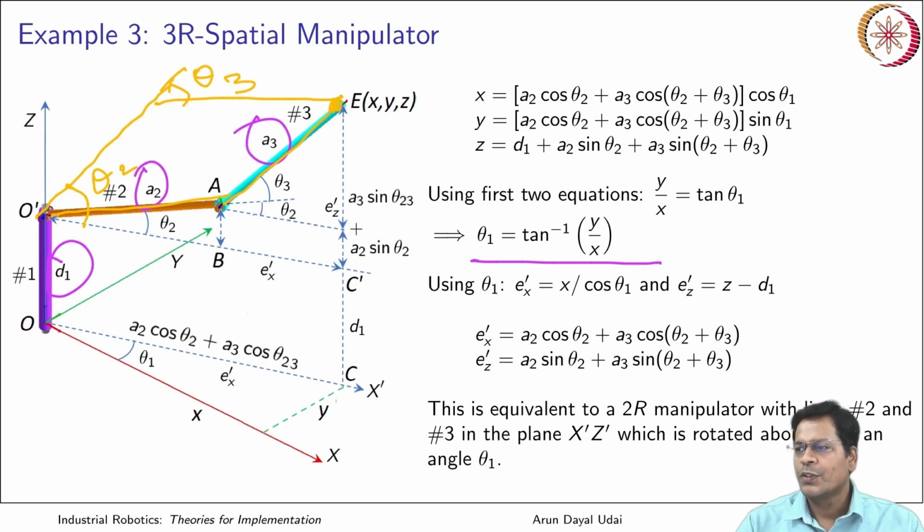So what are the other ones? Now you can just see from here theta 1. Theta 1 is either both y and x positive, or both negative, still you will get theta 1. So what does it effectively signify?